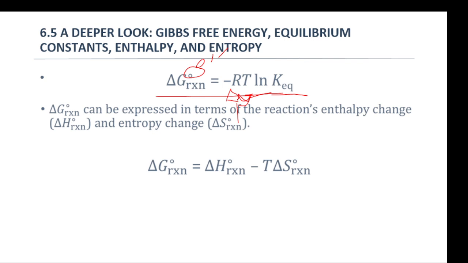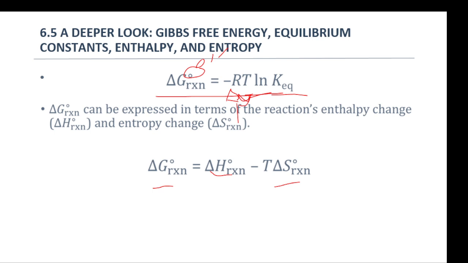Fantastic. Okay, so again, we can actually break this down into the delta G of the reaction equals delta H minus the temperature times the delta S. And so delta H is what again? Enthalpy, right? Which is heat at constant pressure, isn't it? Delta S here is the entropy.